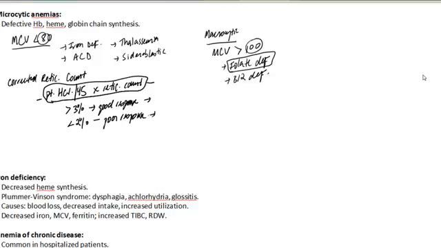It's going to be one of the extremes on the exam. That means there's an ineffective erythropoiesis going on. What does that mean, ineffective erythropoiesis? Something's going on in the bone marrow. Something's wrong with the bone marrow. So iron deficiency anemia: there's not enough iron to synthesize hemoglobin. Anemia of chronic disease, aplastic anemia, B12, folate. These are all examples of a poor response, where something's actually wrong in the bone marrow. Okay.